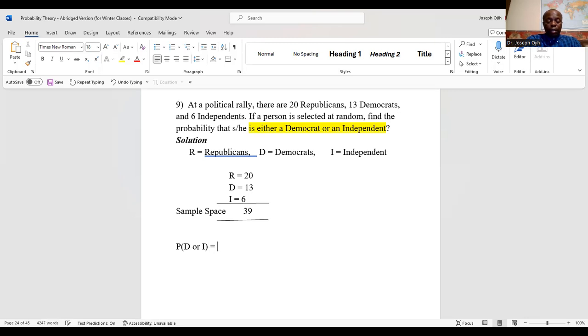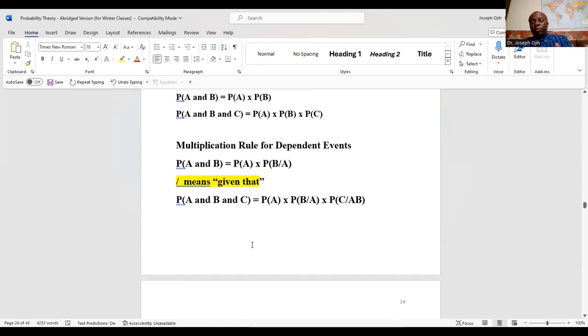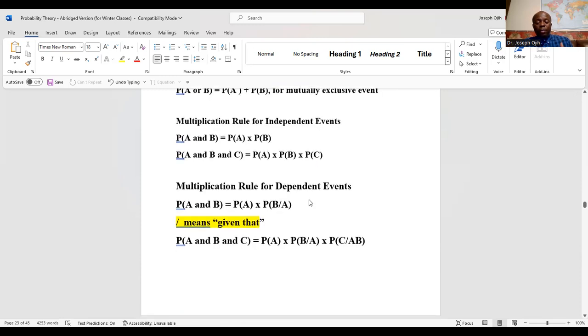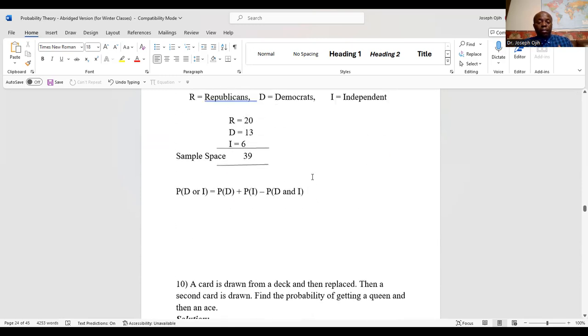That would be the probability of Democrats plus the probability of independents minus the probability of Democrats and independents. Now remember that this is a derivation of the formula. The formula we use is P of A or B equals P of A plus P of B minus P of A and B. That's how we're able to get this formula here.